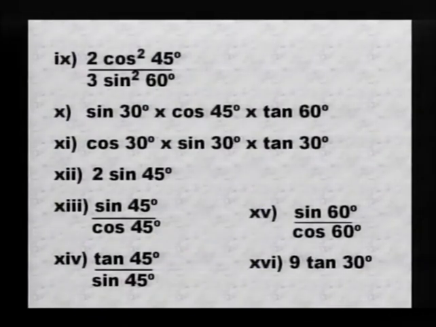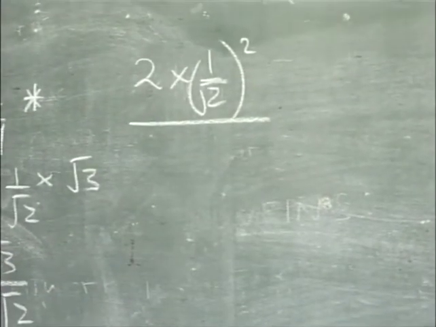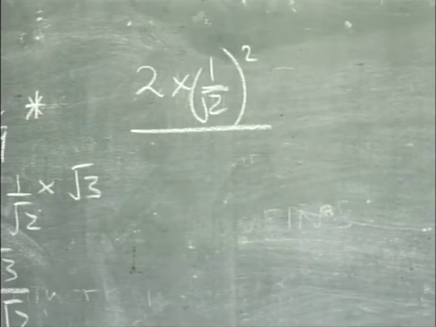Okay, 2 times cos 45 is 1 over root 2, and I have to square cos 45 divided by sine of 60 squared.